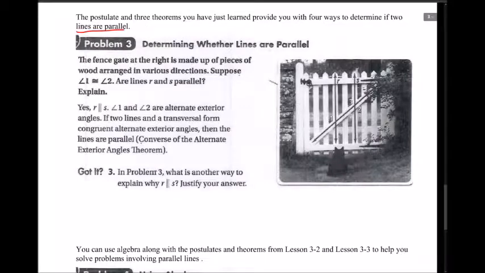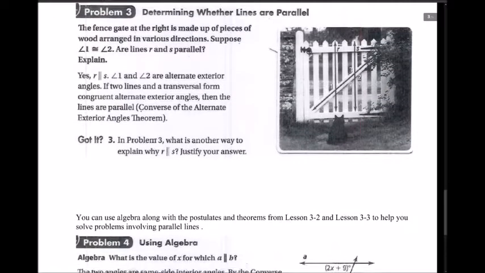Okay, so we are given a problem here where a fence gate is made up of pieces of wood in various directions. And we are told that angle 1 is congruent to angle 2. So first thing I'm going to do is redraw line R, line S, and we have a transversal, and we have angles 1, 2, and 3.